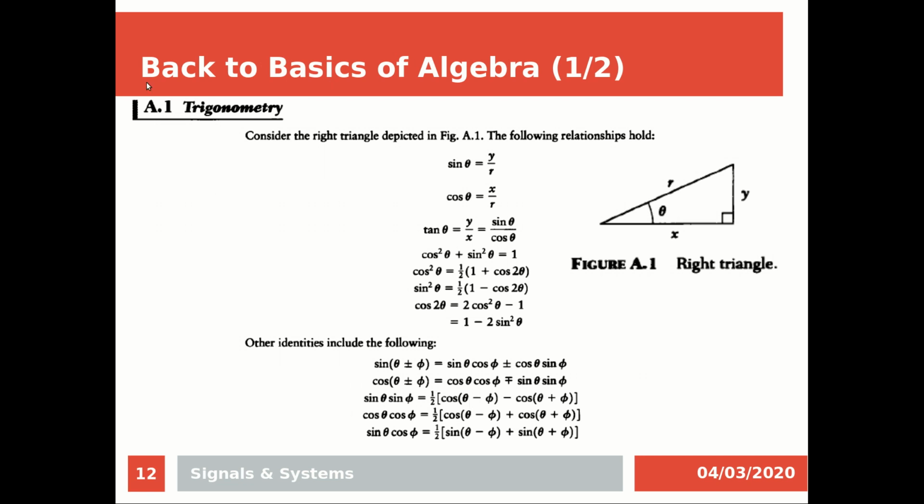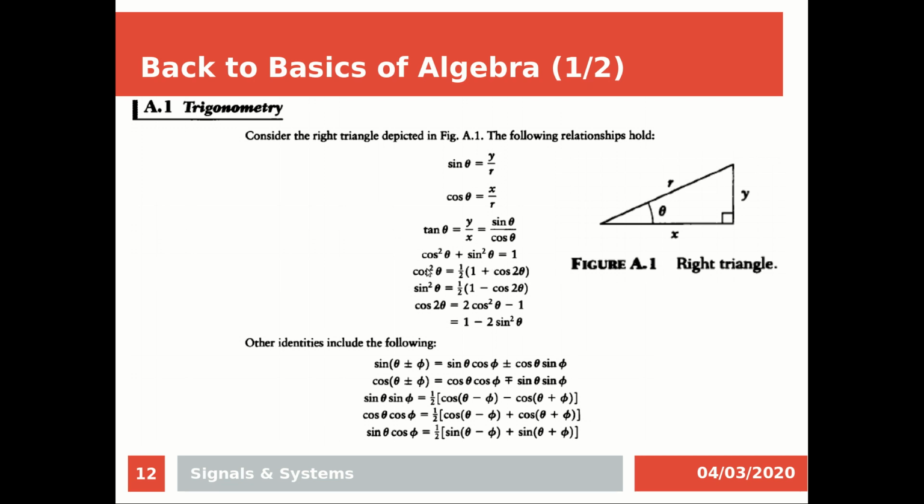This is what I said to you. This is the trigonometry in Appendix A1 in the book that you have, Signals and Systems, I think by Hsu. If you remember, this is the right triangle with x, y, r. So x over r is the cosine, y over r is the sine, and y over x is the tan of theta.